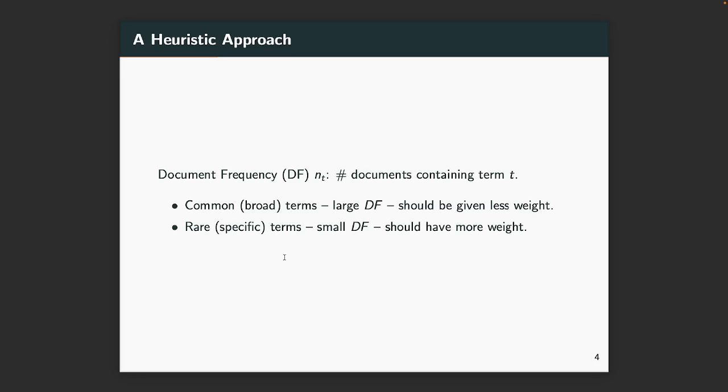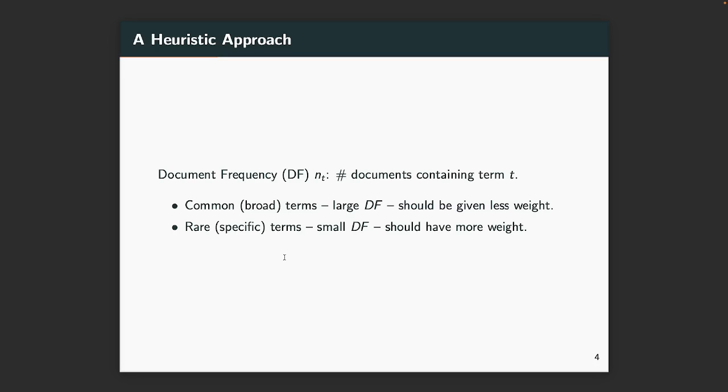Okay, and so if we are going to derive or propose a term weighting mechanism, hopefully the weighting should reflect this inverse relation to the document frequency.